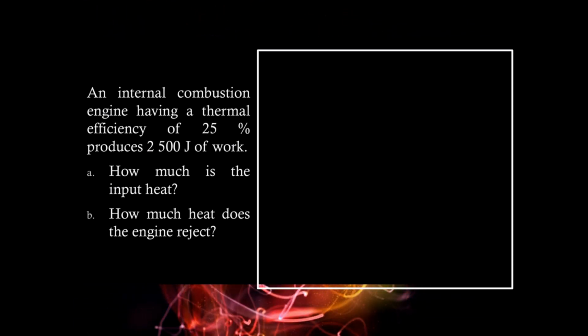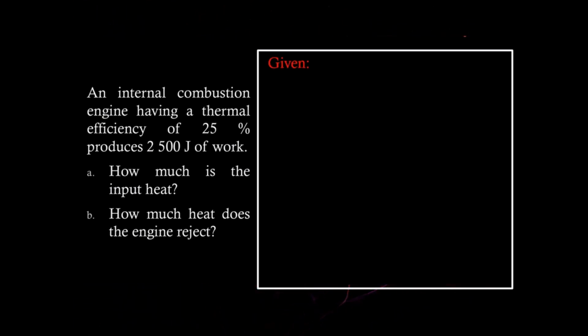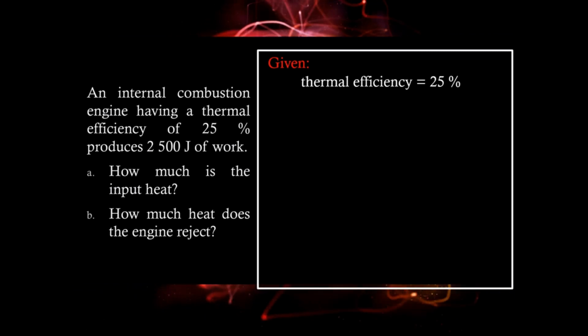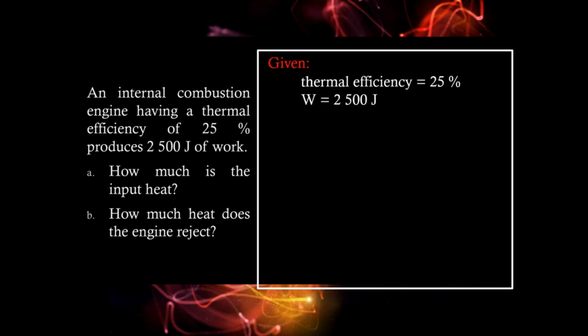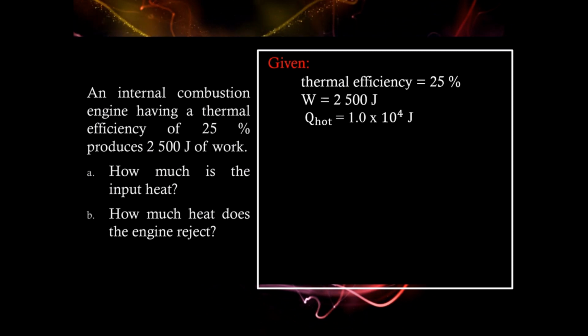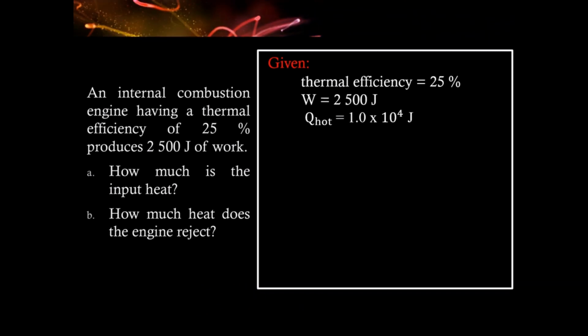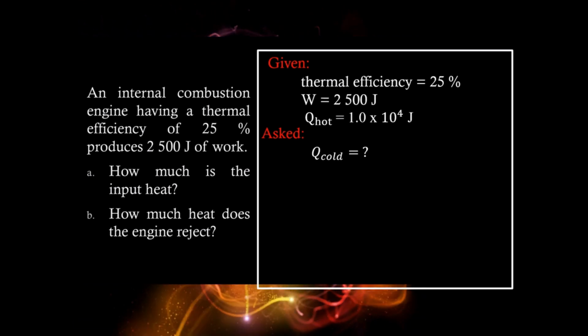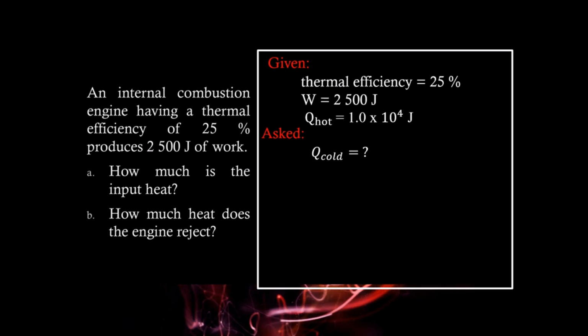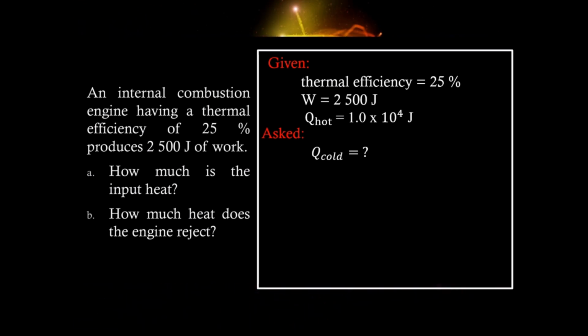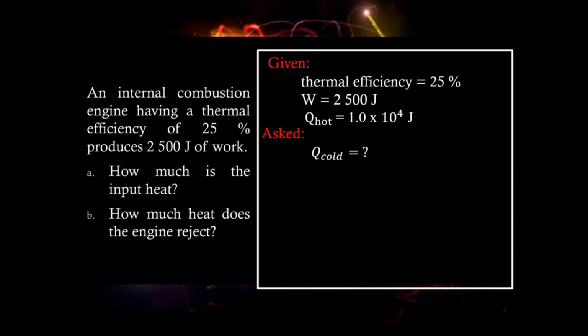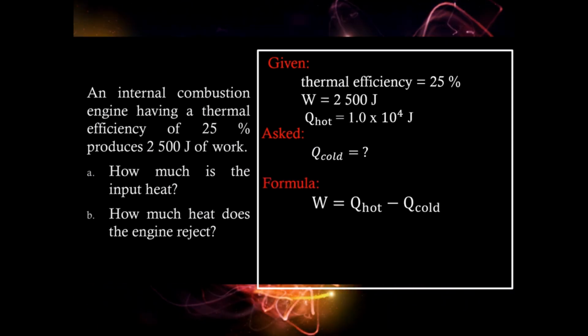The given are still the same, plus the Q hot which was solved earlier. Then we are asked to solve for how much heat does the engine reject, or simply to solve for the Q cold, which is the heat that is rejected going to the cold reservoir. So we will use this formula.